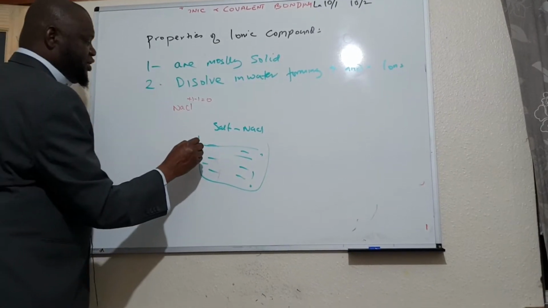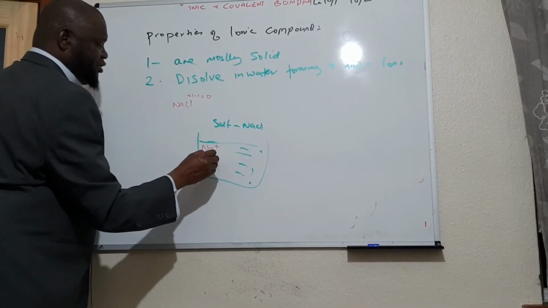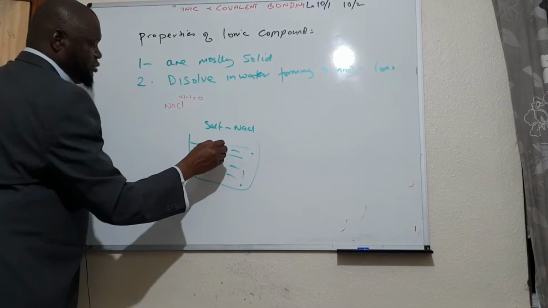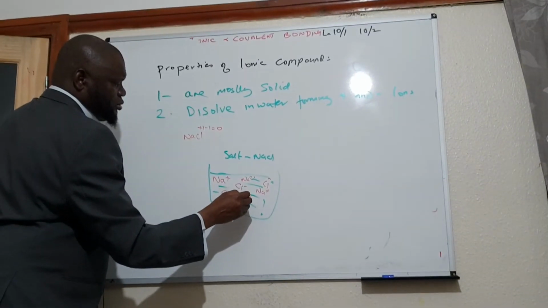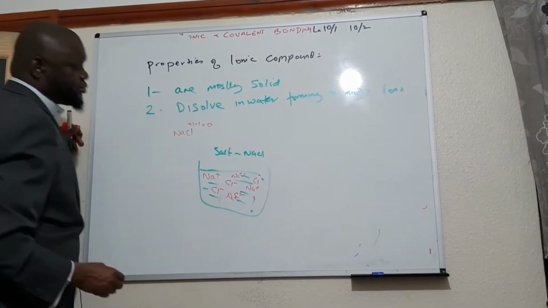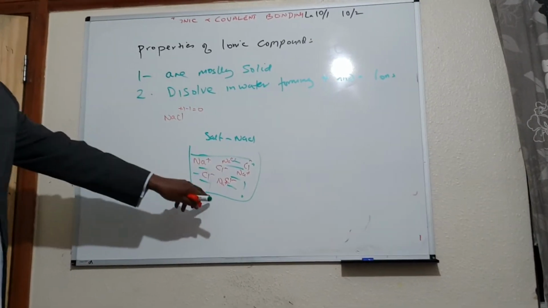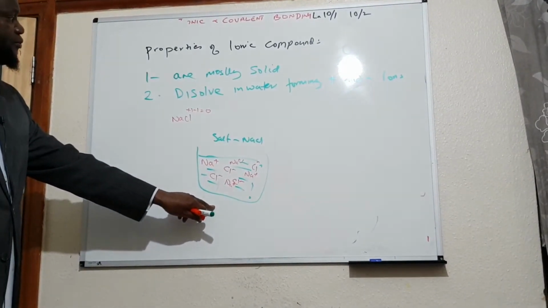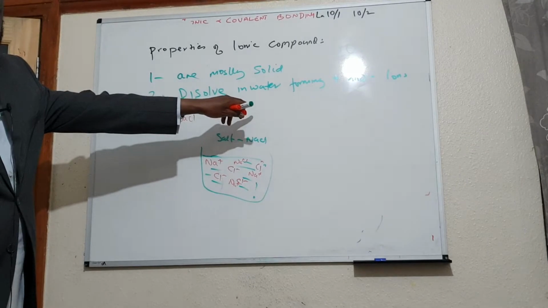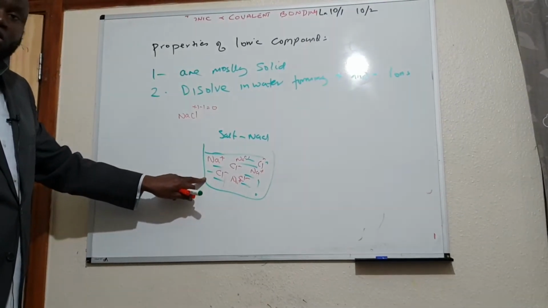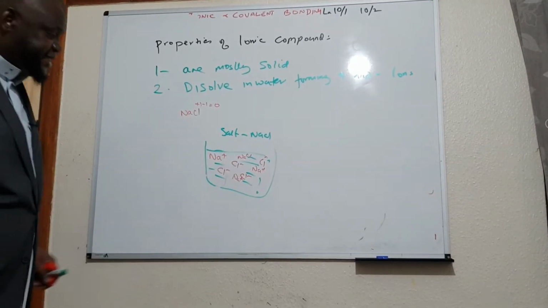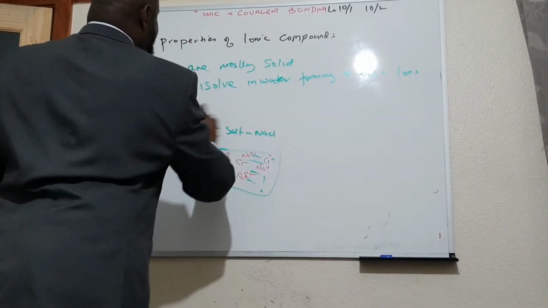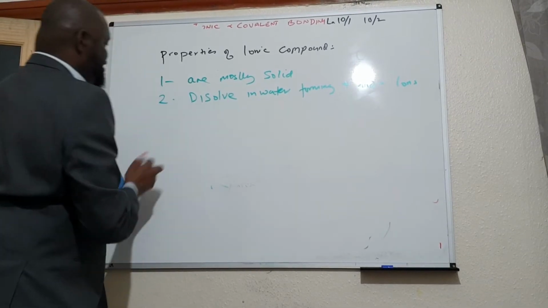They are going to dissolve in water, forming sodium and chlorine ions. So you have positive and negative ions inside the water. That's why they dissolve in water, as opposed to covalent compounds, which don't dissolve in water because they don't form ions.